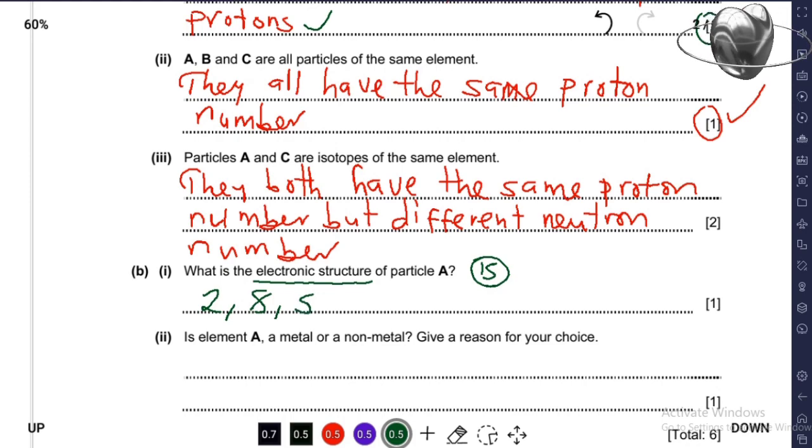This is our electronic structure of a particle A. Here you are going to get your 2 marks, where we are going to say same number of protons, different number of neutrons. Here you are going to get your 1 mark, because you have presented your electronic structure of particle A very well.